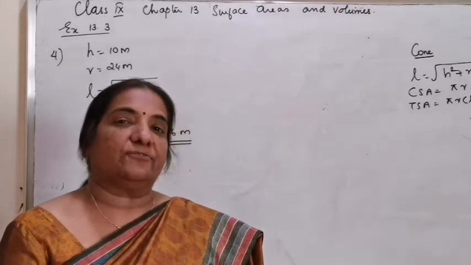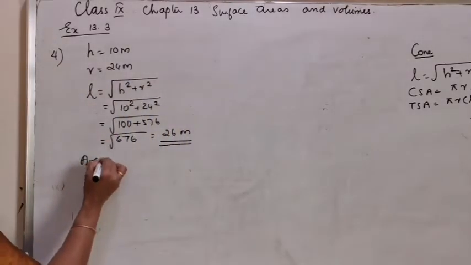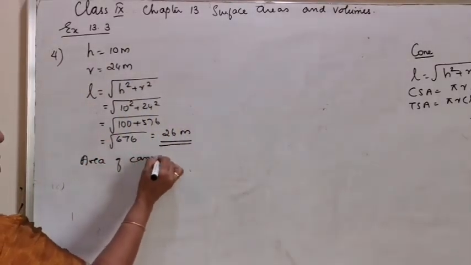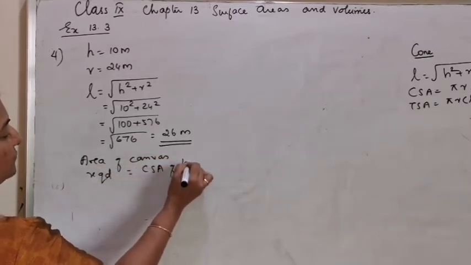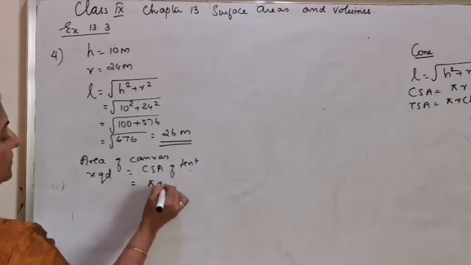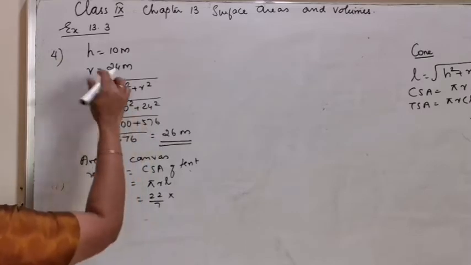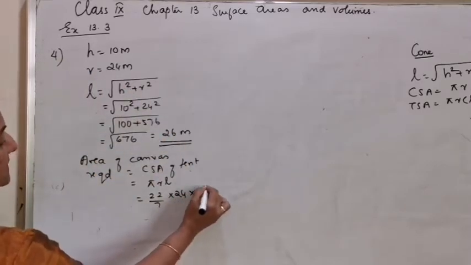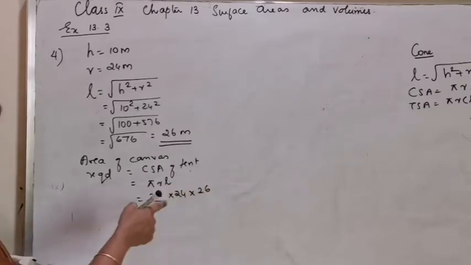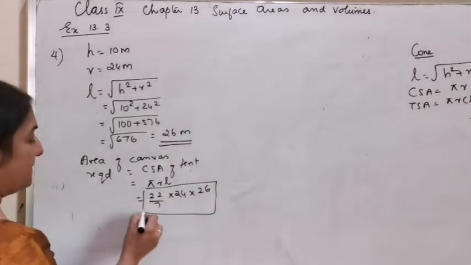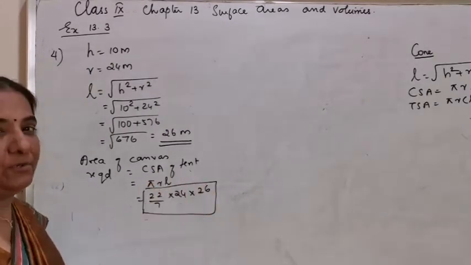So first we have to find out the area of canvas required, which is equal to curved surface area of the tent, which is equal to pi r L, which is 22 by 7, radius is 24 and the slant height is 26. You can see here the 7 is not getting cancelled, but you need not multiply and divide because the question is find the cost. So only in the last step you simplify.